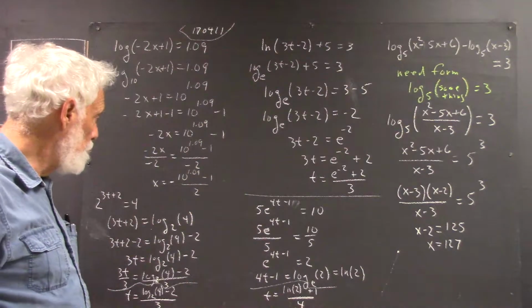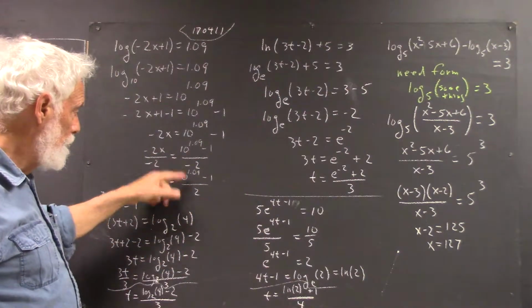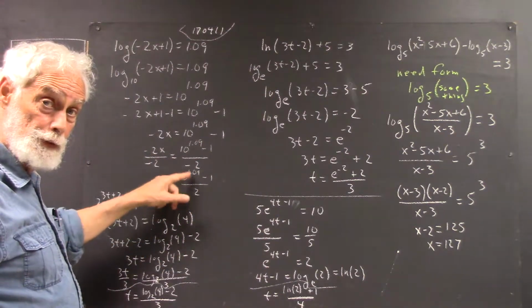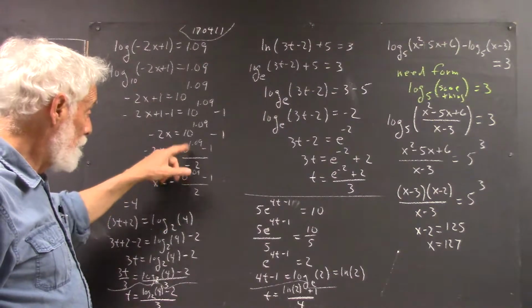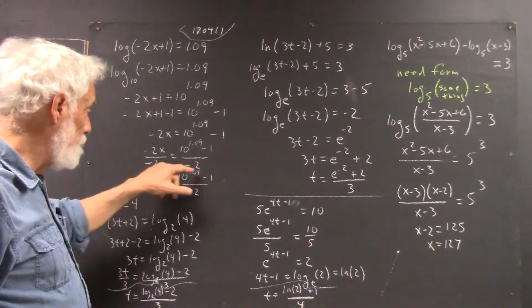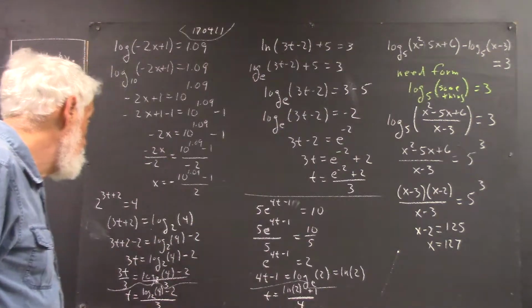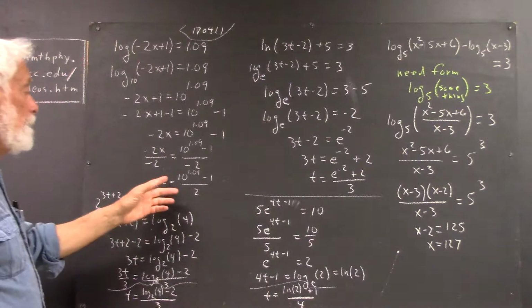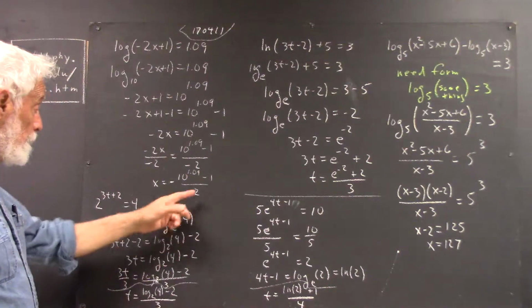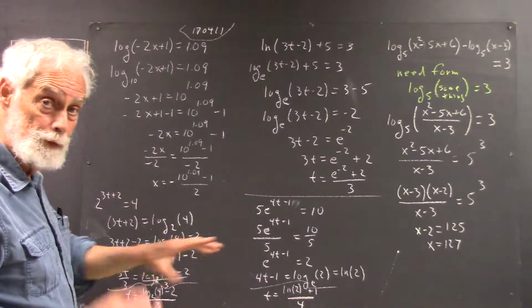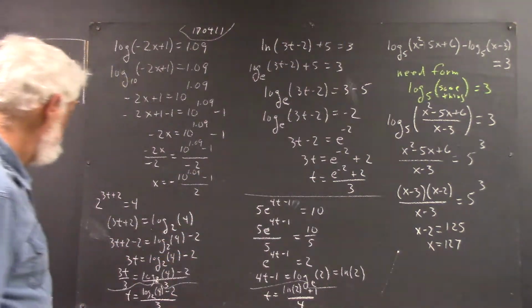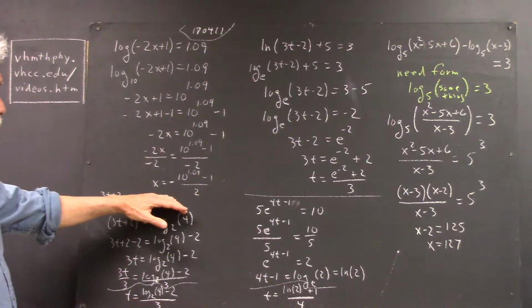Now, I just noticed one thing. I had a negative 2 here, and now the negative is out here, and we understand that, right? Dividing by negative 2 gives you the negative of what you would have if you divided by 2. So we evaluate this numerator, we divide by 2, and we change the sign. And we have our value of x.